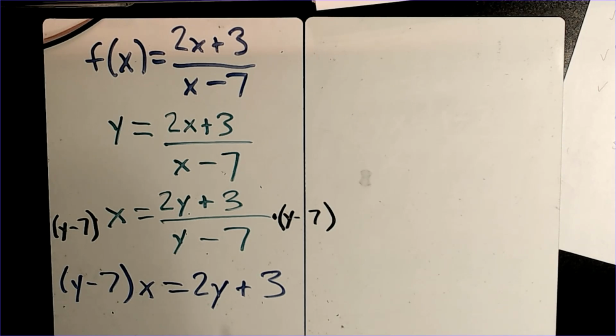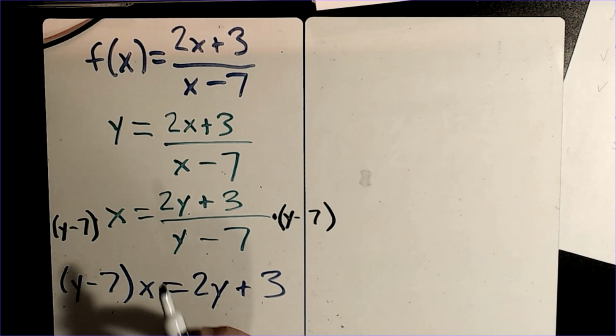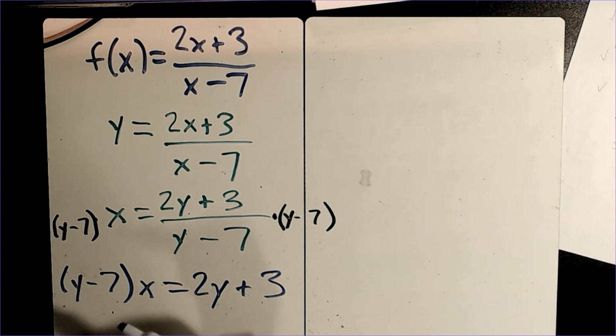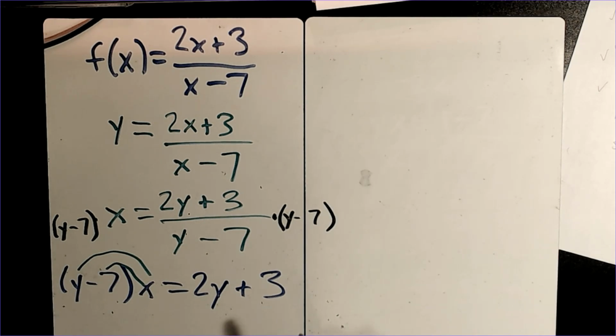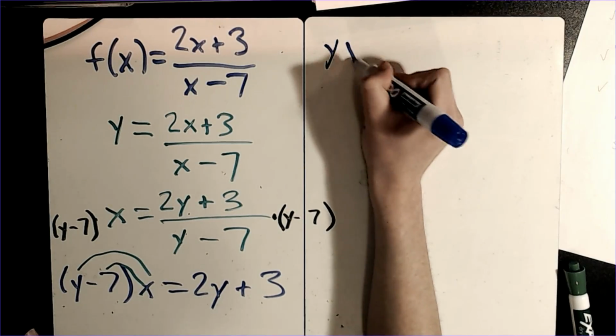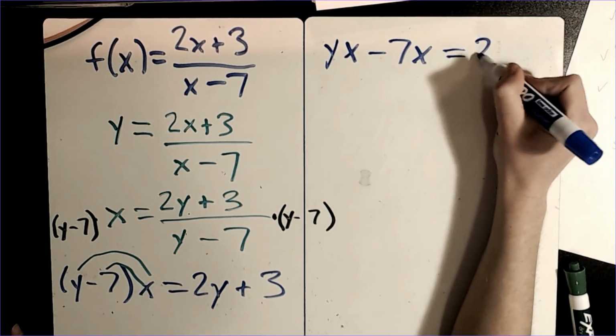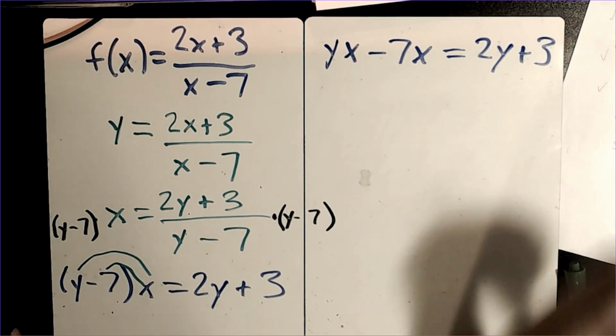No other y should be on the other side of the equation. Okay, so what we're going to do, I'm going to distribute out this y minus 7 and this x here, just distribute that out, make that a little bit better. So we get yx minus 7x is equal to 2y plus 3.